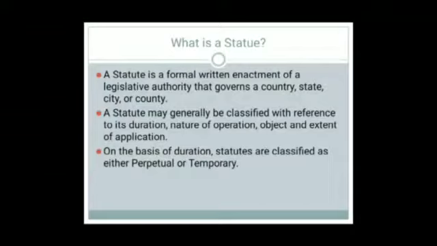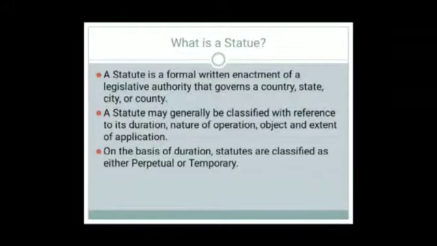What is a statute? This term statute is basically defined as the written will of the legislature. What does this mean? A statute is a formal written enactment of a legislative authority. It means that it is the written will of the legislature.